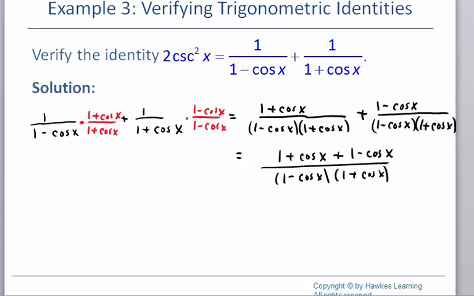All right, so continuing to simplify, we notice that on the top, the cosines cancel out. We have a positive cosine and a negative cosine, and the 1 plus the 1 makes 2. So we have 2. Now I'm going to multiply out the denominators using the FOIL method. First times first will be 1. The outside terms, 1 times positive cosine.